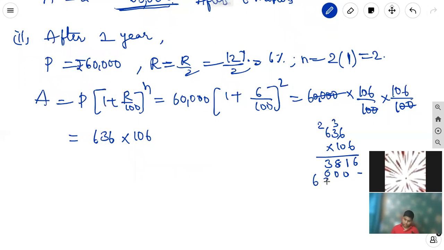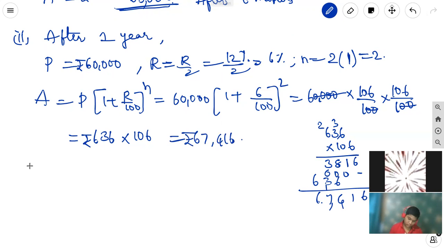Zeros. And 636, 3 plus 3, 6 plus 1, 7. So 67,416 rupees. So amount A equal to 67,416 rupees compounded after 1 year, compounded half yearly, getting the amount after 1 year.